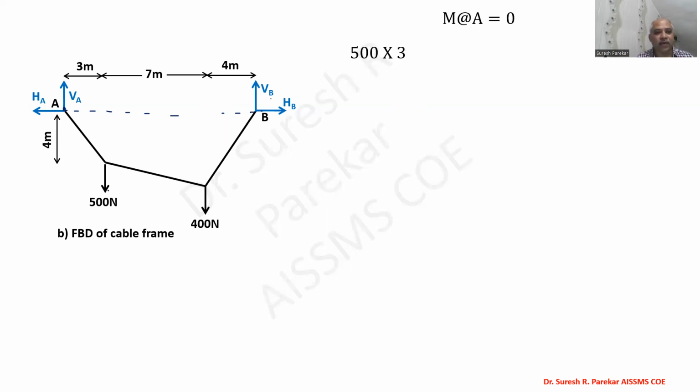So we have 500 into 3 clockwise, plus 400 into 10, and due to VB we have minus VB into 14 equal to 0, and we will get VB equal to 392.86 Newton.